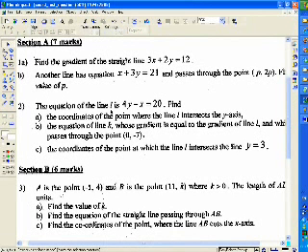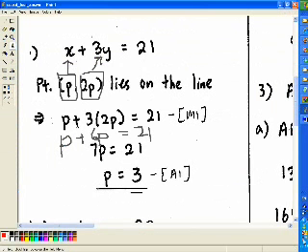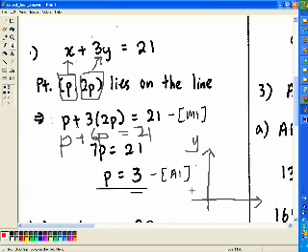The equation of the line L is 4y minus x equals 20. Find A, the coordinates of the point where line L intersects the y-axis. If we take a look at the coordinate system, the y-axis is this vertical line over here.